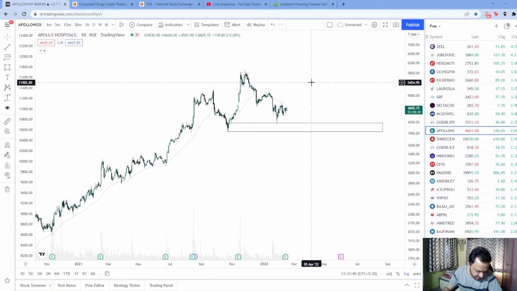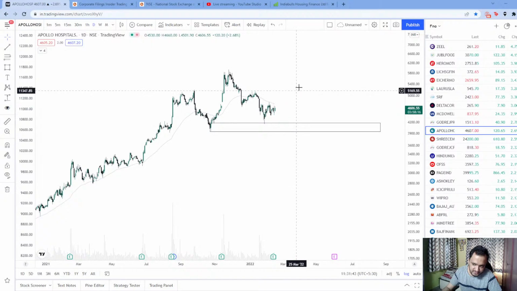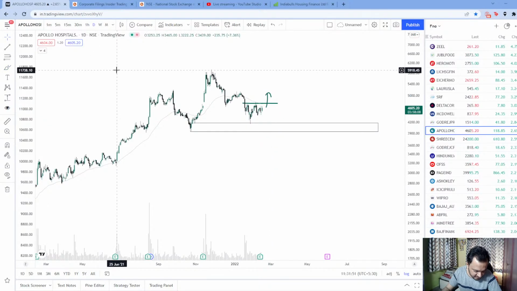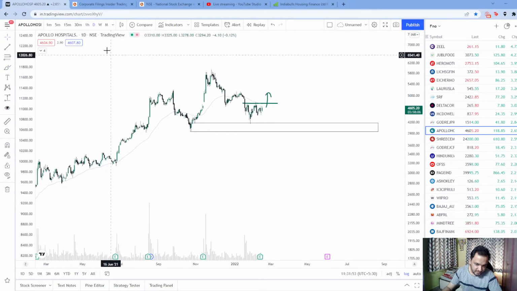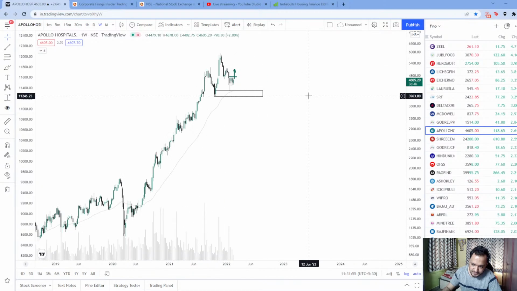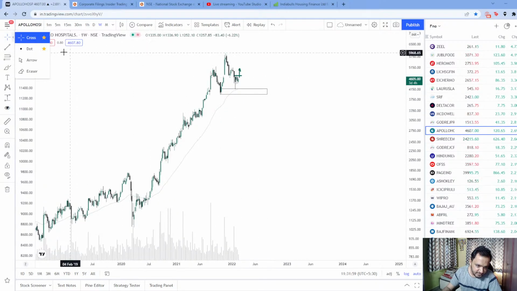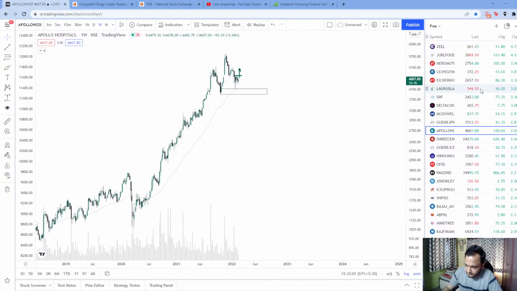And I was following the results as well. This was actually doing really good. So you can definitely expect some kind of movement on the upside if the market is stable. Of course, that is always the condition. But Apollo Hospital is at the weekly demand zone, and the trend is very strong. So you can definitely get something here.